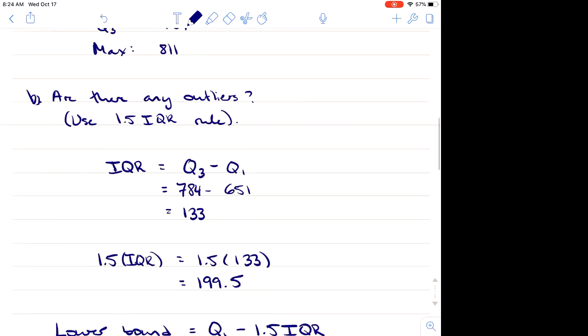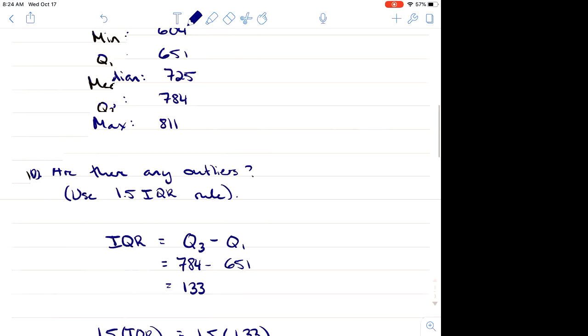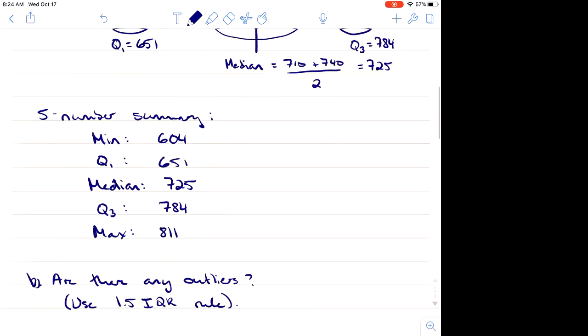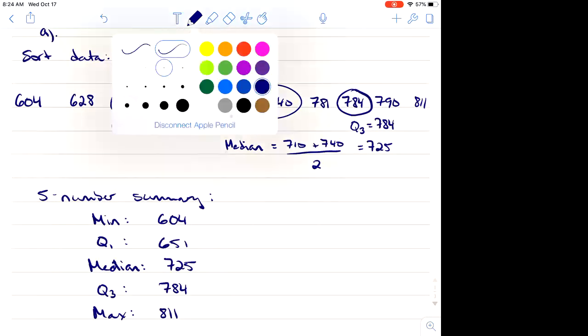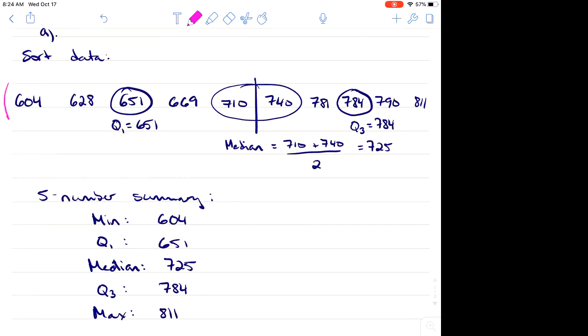Anything less than 451.5, just draw a little line up here, 451.5. Everything is larger than that, so there are no values smaller than 451.5. So there are no outliers on the lower end.